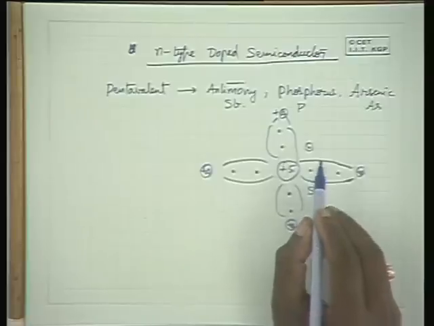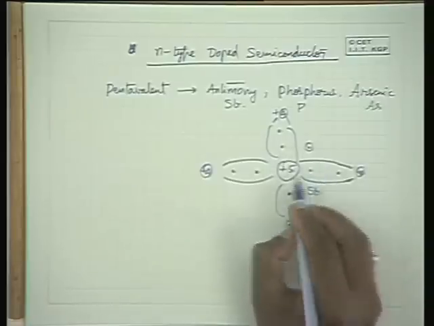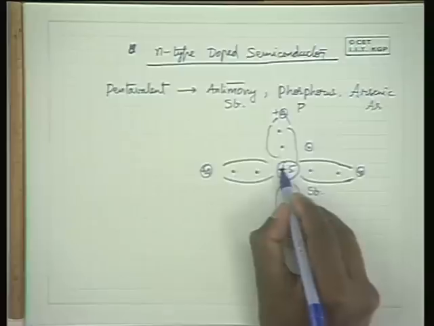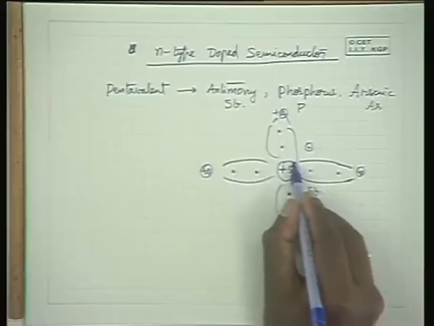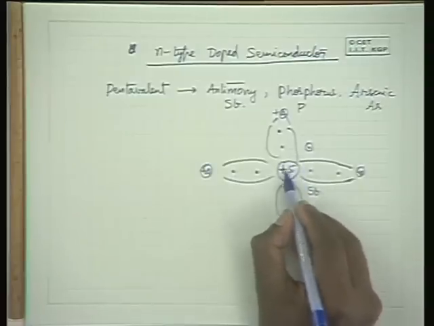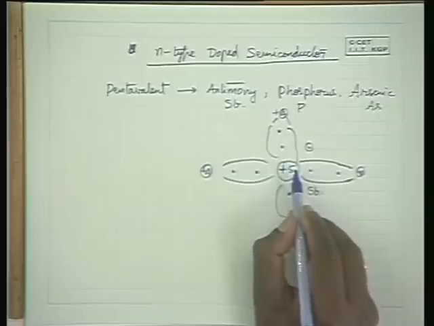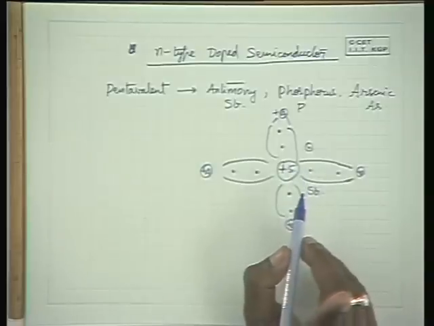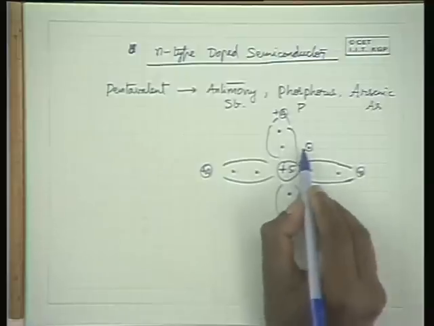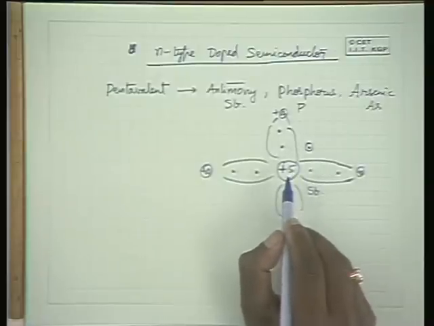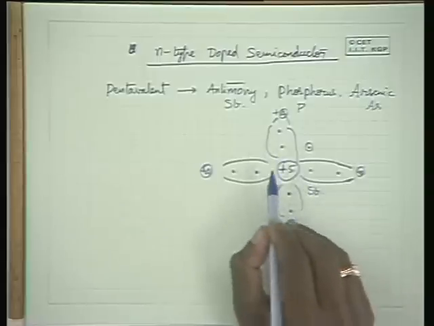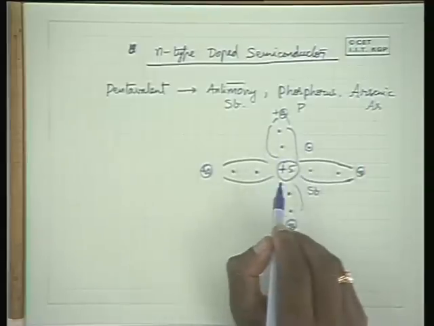Is it coupled? Well, it is somewhat under the influence of the nucleus, because there is a net 1 electronic positive charge. Therefore, it is under some influence, but it is not taking part in the covalent bond, therefore, it is a free electron.